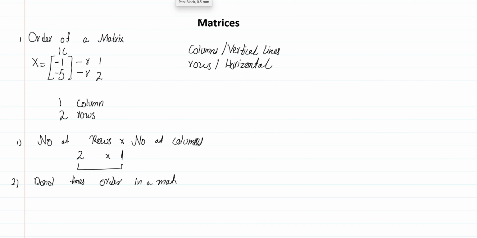Means we do not need to multiply these two numbers in the order. You have to just write it down like this: 2 by 1, which means 2 multiplied by 1. Okay, this is the order of a matrix. It is very simple. Now we do some examples here, and then we move towards the next concept.